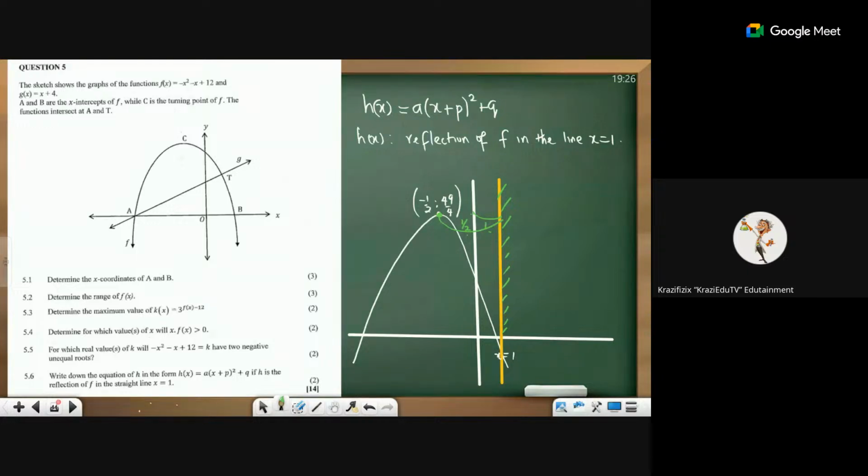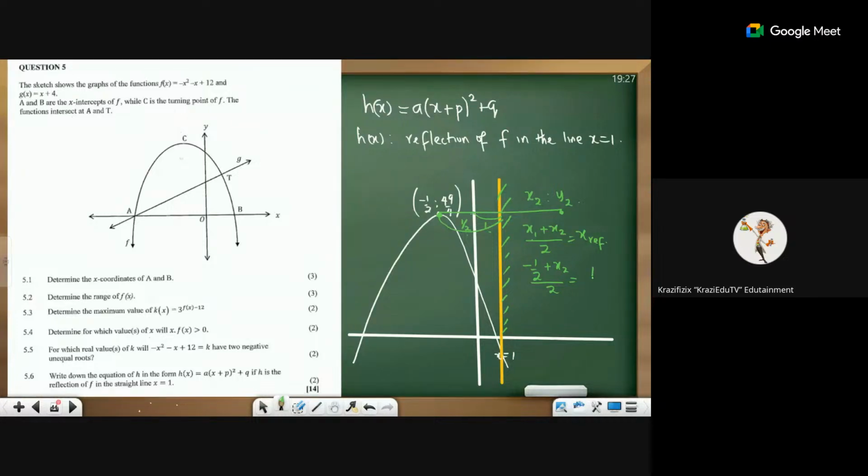I am looking for x2 and y2. Make sense? Do you notice the y2 would remain the same? But I know that x1 plus x2 over 2 gives the x point of reflection. What is my old x? Negative half. What is my x point of reflection? 1.